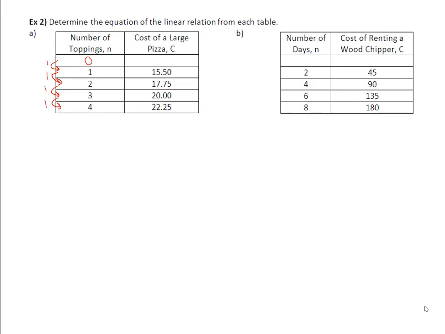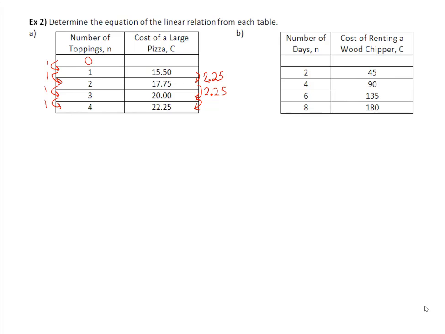Next, you do the same thing for our y values over here, and it should be the same each time. To go from 15.50 to 17.75, we're actually adding 2.25. And then to go from 17.75 to 20, we're adding 2.25 again.